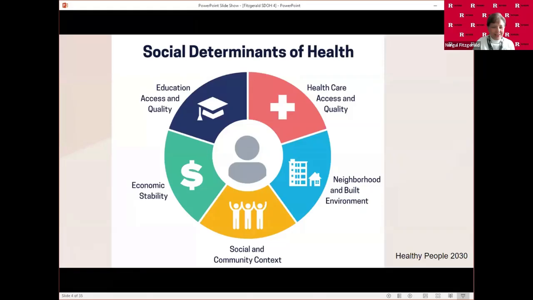So maybe you like a more pictorial representation better. And if you're interested in learning more about the details of this, it is widely available on various websites. I included some of those at the end of this presentation as well.